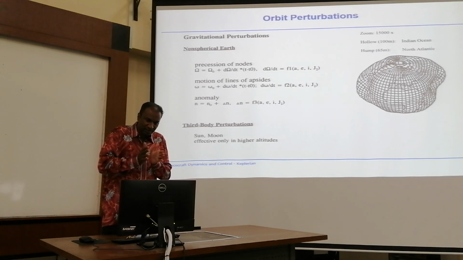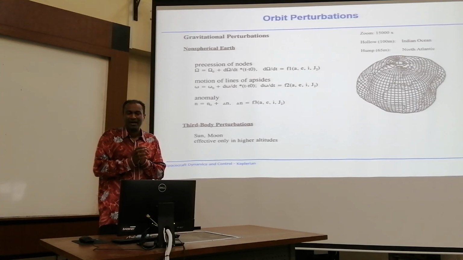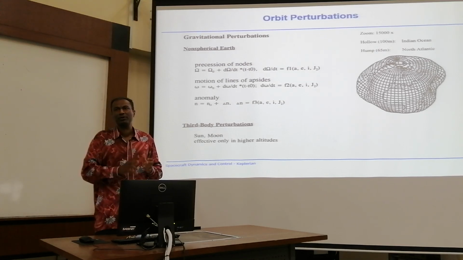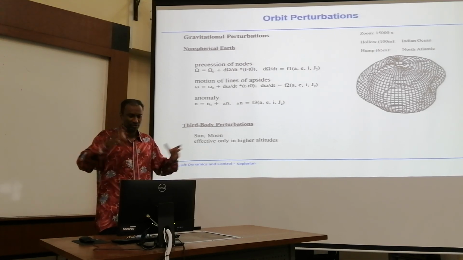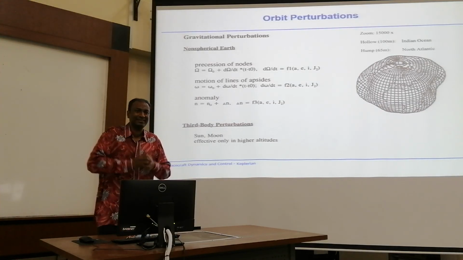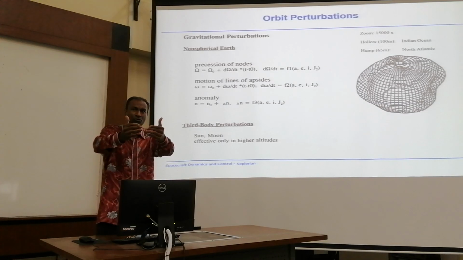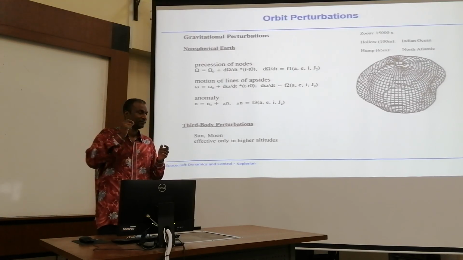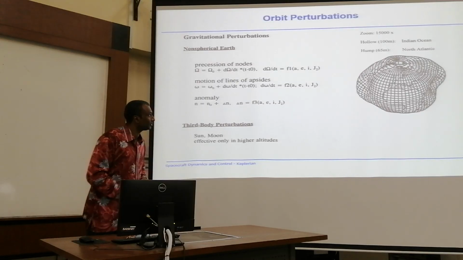So if you fly very close, and your mass is very small, a small satellite, we consider a two-body problem good enough. We don't need a third body problem. So this is very important to see. The further that you go out of planet Earth, the third body problem becomes very important.